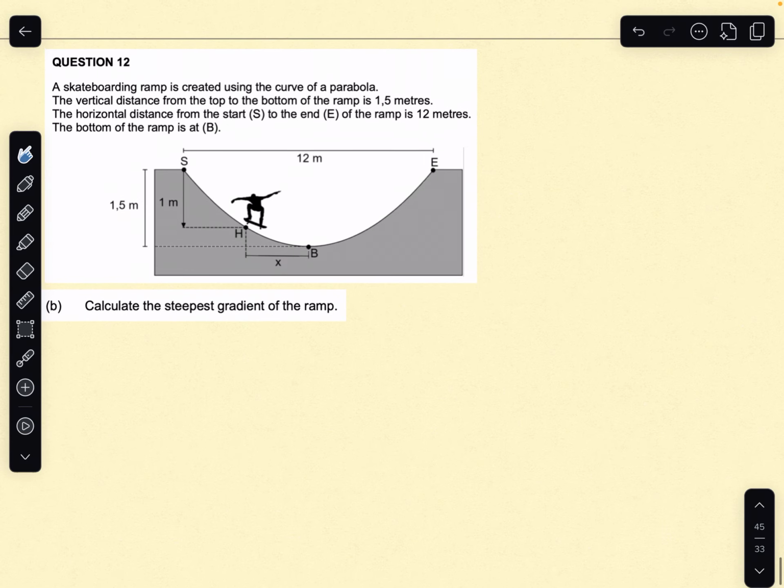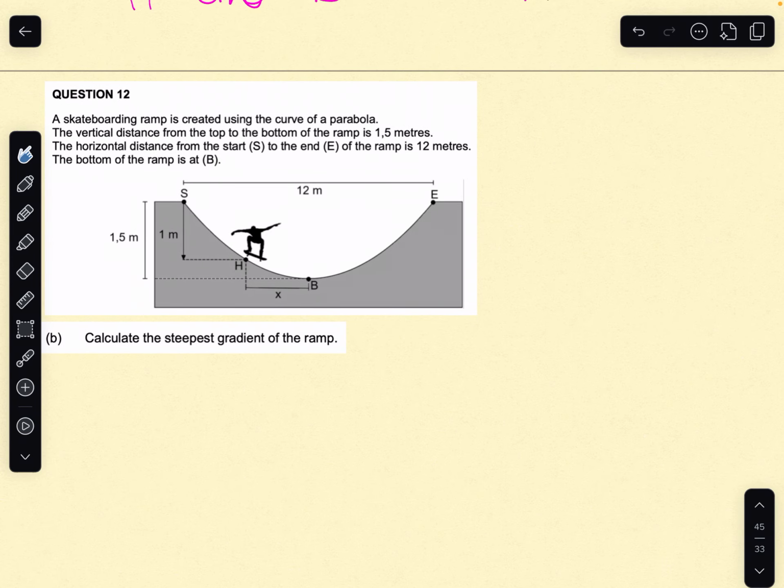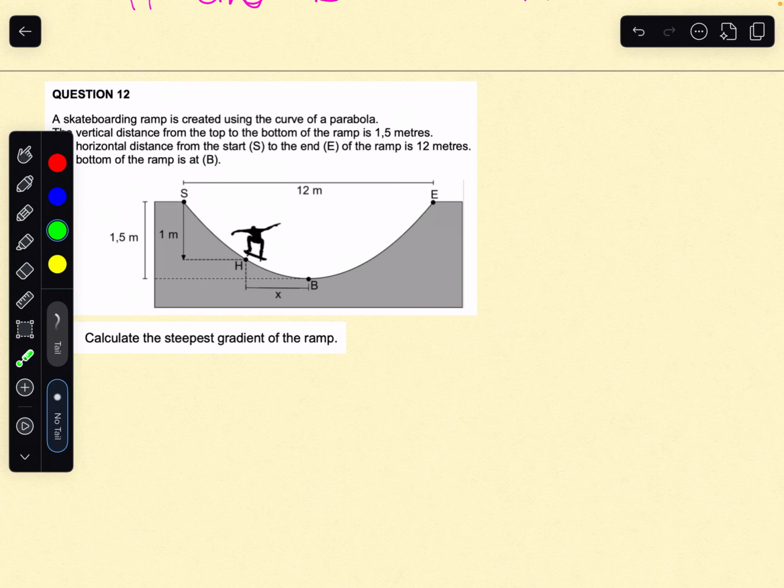Anyway, calculate the steepest gradient of the ramp. A very important thing here is to note the domain of the ramp. We're not just looking at the whole parabola in all of its existence.